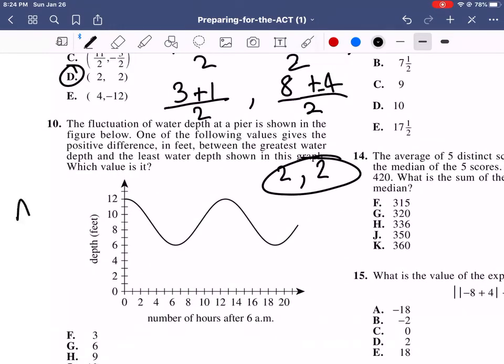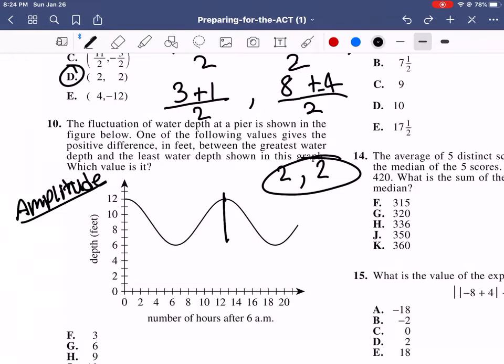This one is amplitude. I think this is a sine wave. Is it? Oh no, it's a cosine wave, I think. Yeah, it's a cosine wave. So amplitude is just how long these waves go. So it's asking you, what is the positive difference?